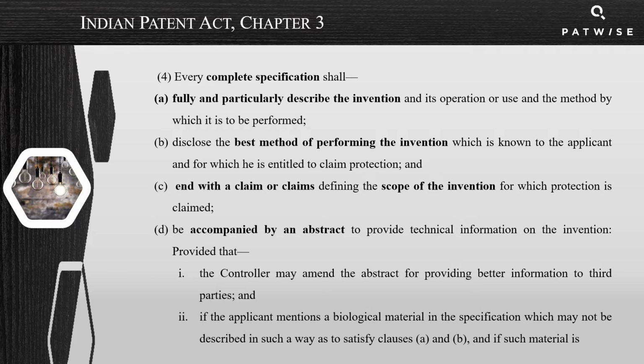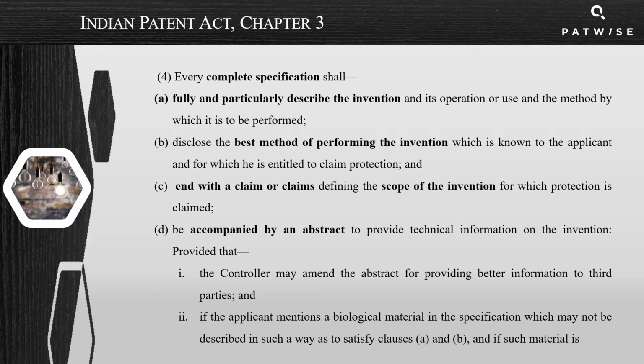B. It should disclose the best method of performing the invention which is known to the applicant and for which he is claiming the protection. C. The description or the specification should end with a claim or set of claims clearly defining the scope of the invention. D. It should be accompanied by an abstract to provide the technical information on the invention.